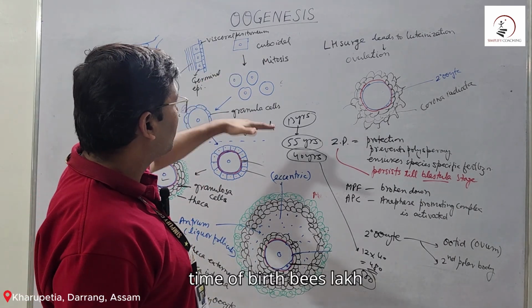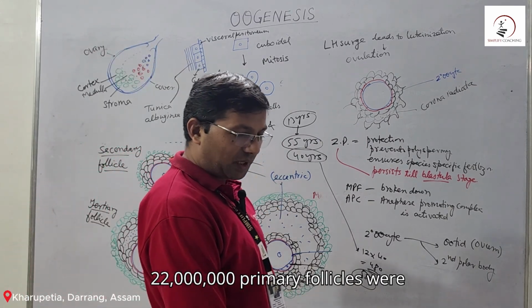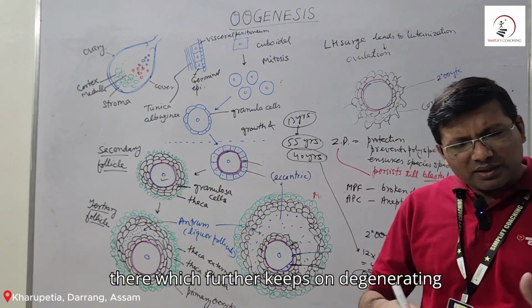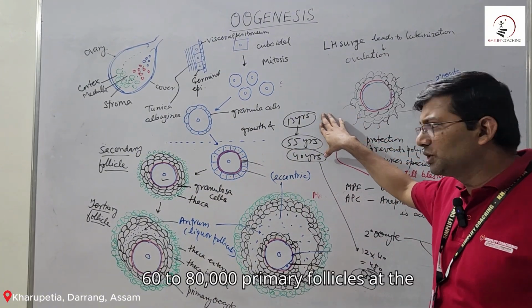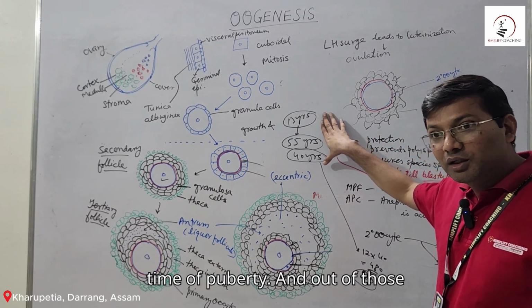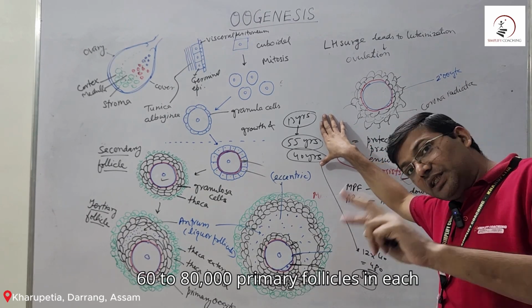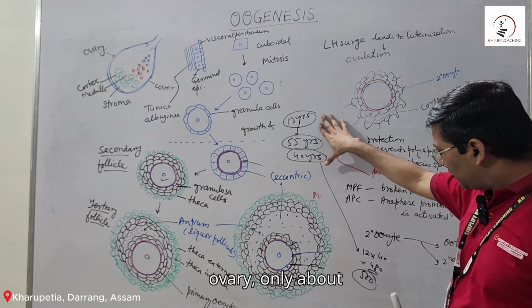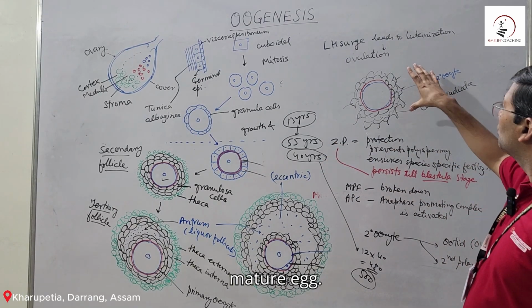At the time of birth, 2 million primary follicles were there, which further keep on degenerating. At the time of puberty, she has only 60 to 80,000 primary follicles, and out of those 60 to 80,000 primary follicles in each ovary, only about 500 are utilized to make the mature egg.